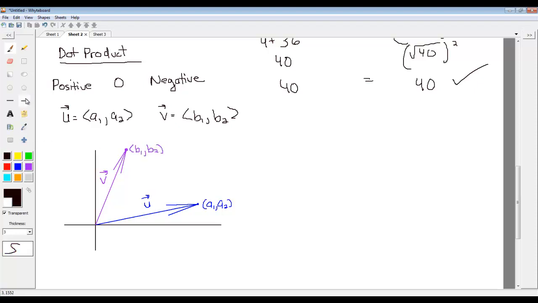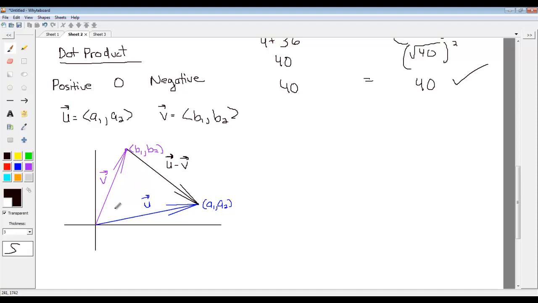And then we can look at the resultant vector between those two, or we can look between these here, and look at u minus v, if we're doing the subtraction there.